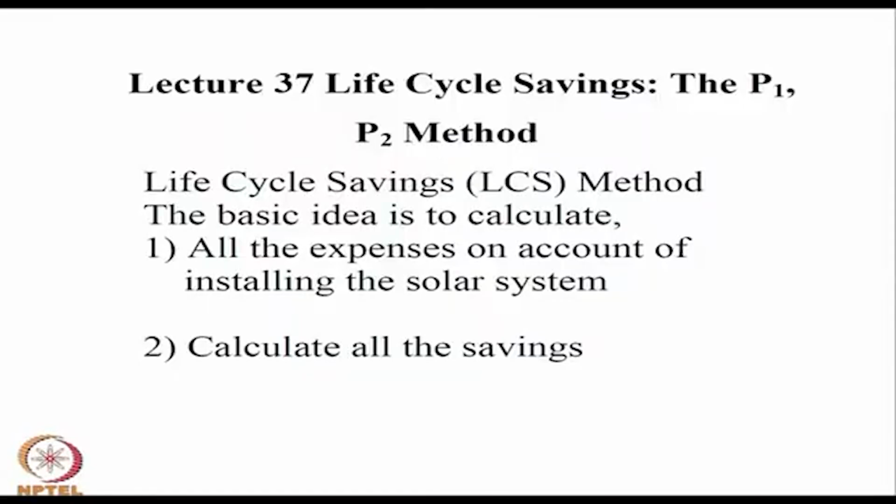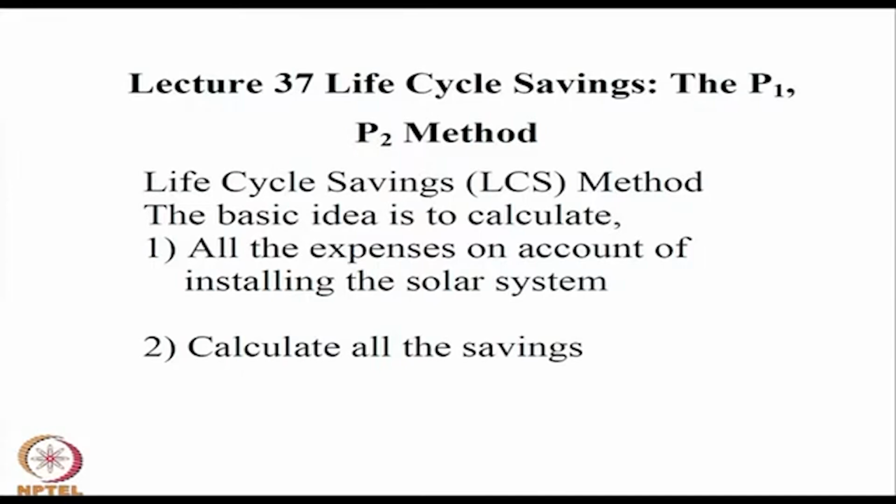Though it is a simplistic calculation, now we shall go into a little more detail about the so-called life cycle savings method, the P1, P2 method. That means the life cycle savings are calculated based upon two parameters, P1 and P2.